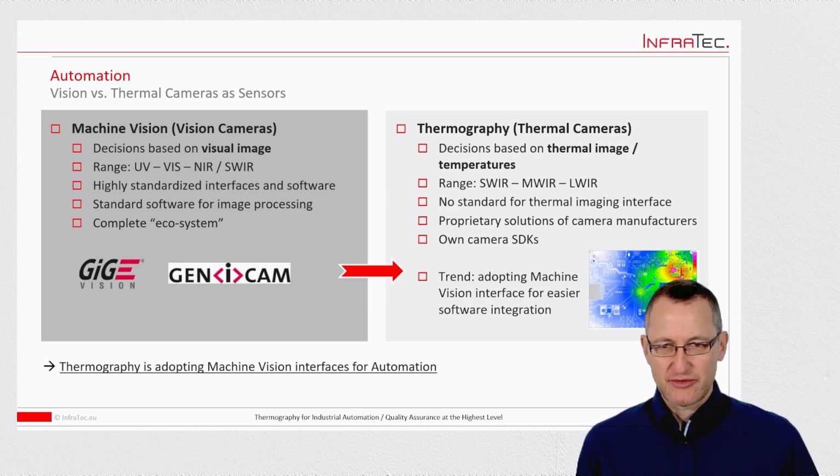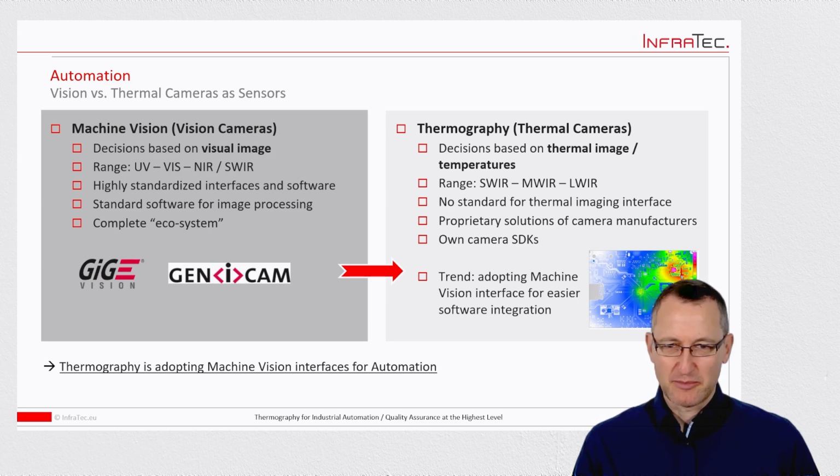In that field, for the cameras, there are highly standardized interfaces and software, and there's standard software for image processing. So it's very, very easy to build a system based on standard components. There's really a complete ecosystem of camera and software that can work together plug and play.